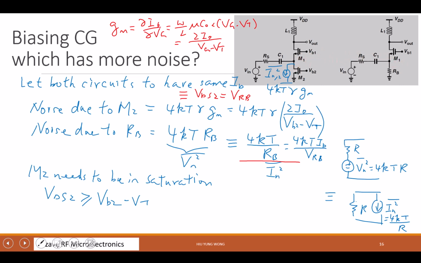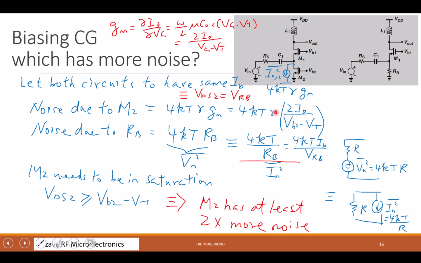So then it means that this one is going to be smaller than this one, or at best, they are the same. So as a result, when you compare these two, you find that M2 has at least 2x more noise. Because this is 2x larger than this one.